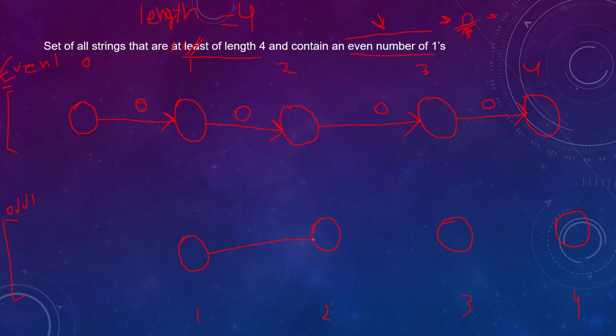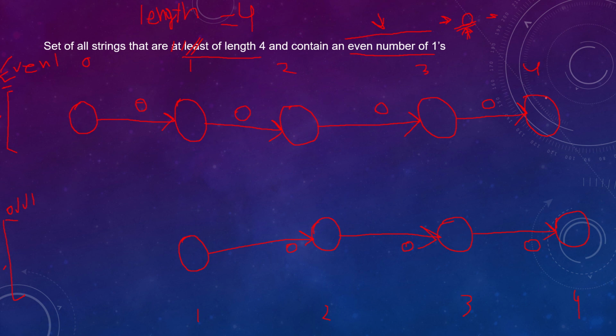Similarly from 1 to 2, 2 to 3 and 3 to 4 in the odd part. As I have said, 0 doesn't contribute anything to the number of 1, but it increases our length. Now from length 4, as this is the even part and this is the odd part, we will use this length 4 as both length 4 and greater than 4.